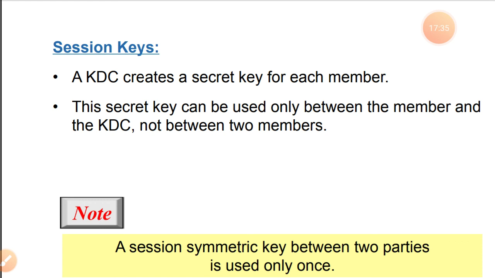That session key is created by the KDC. The secret key can be used only between the member and the KDC, not between two members. The session symmetric key between two parties is used only once, one time. If A wants to communicate with B a second time, another session key is created.